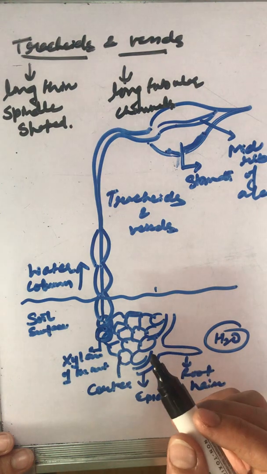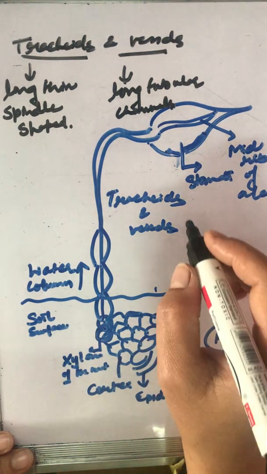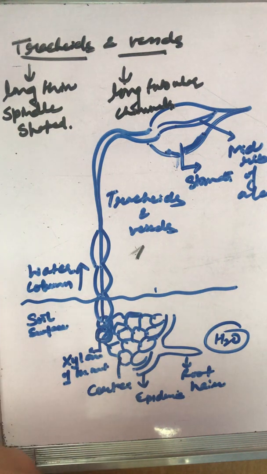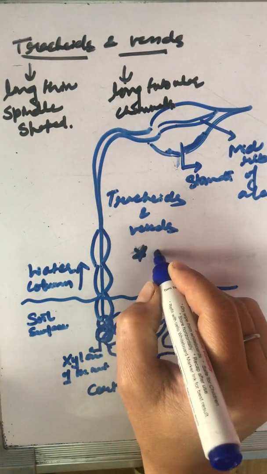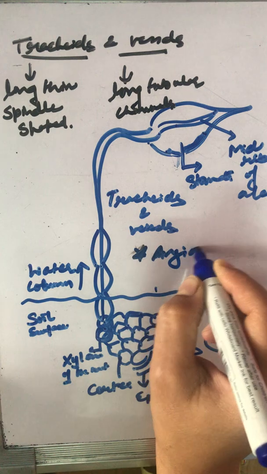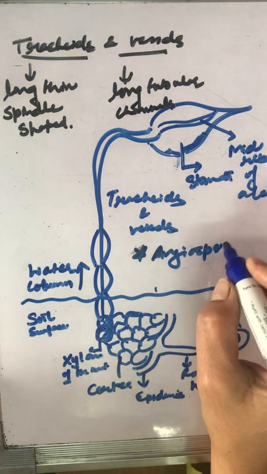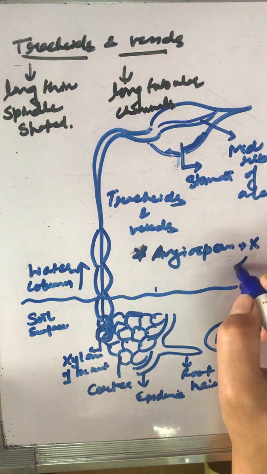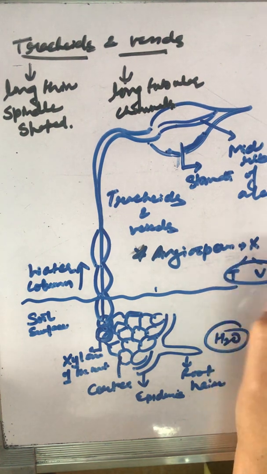Like in case of angiosperms, I'm writing the exceptions here. See, angiosperms, flowering plants, they have both xylem, that means tracheids, and vessels, a complete structure, right?